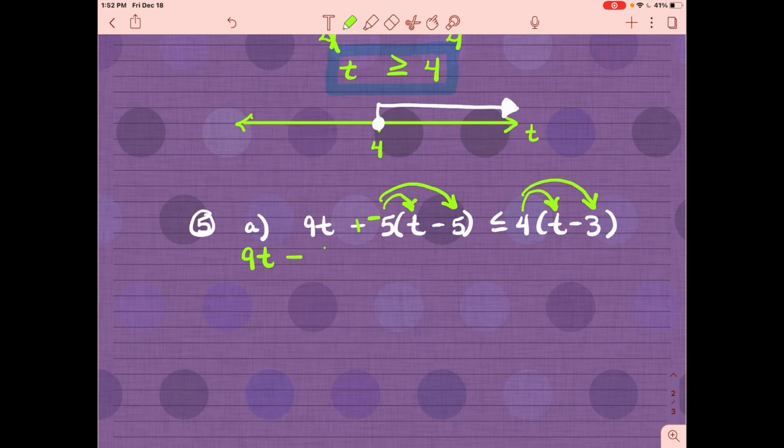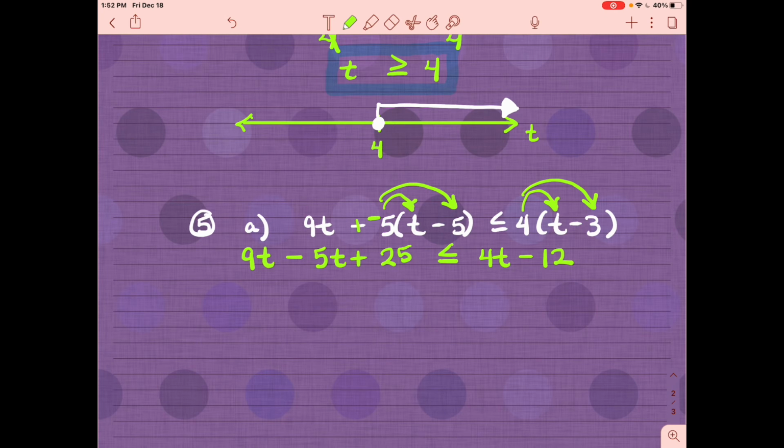So I'm going to say minus 5t plus 25, negative 5 times negative 5. Keeping my sign the same, I'm not doing anything to multiply or divide by negative. 4 times t, and 4 times negative 3 is negative 12.